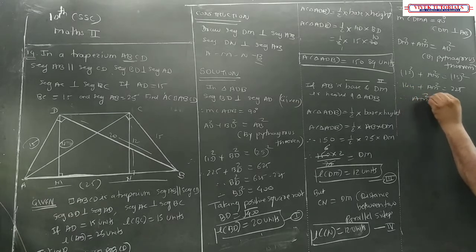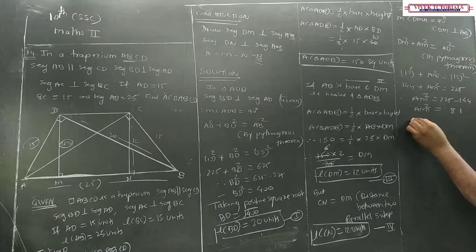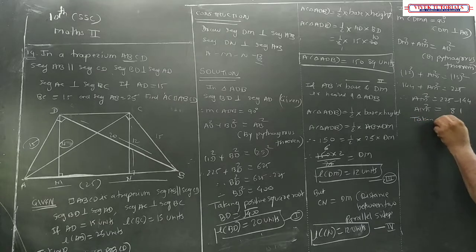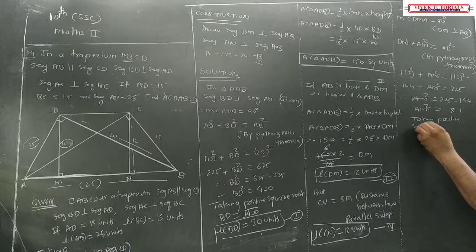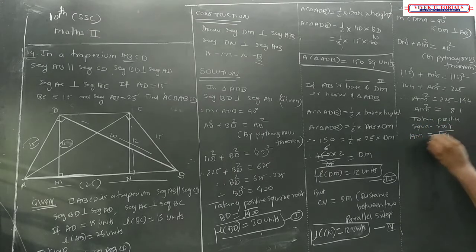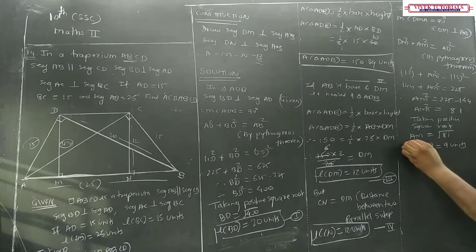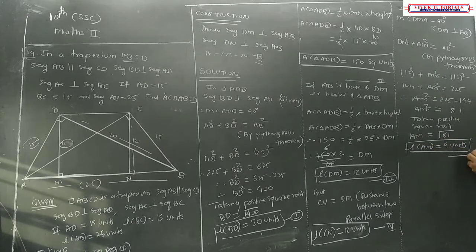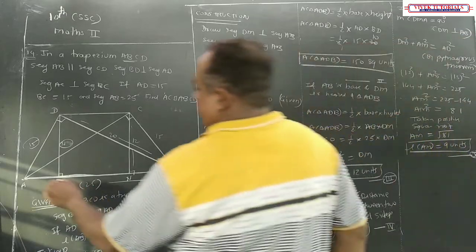Therefore AM square is equal to 225 minus 144, which is 81. Taking positive square root, I'll get AM is equal to root of 81, or length AM is equal to 9 units. This I will take as equation 5.